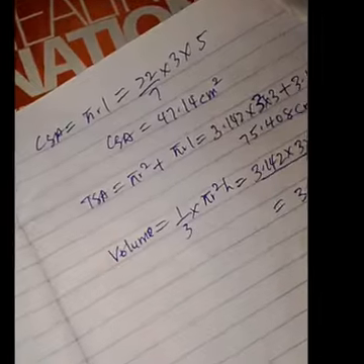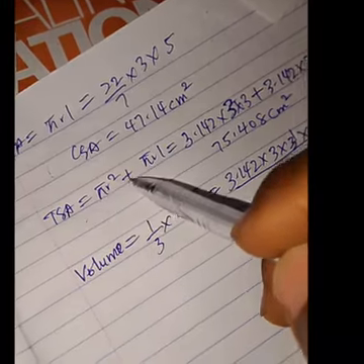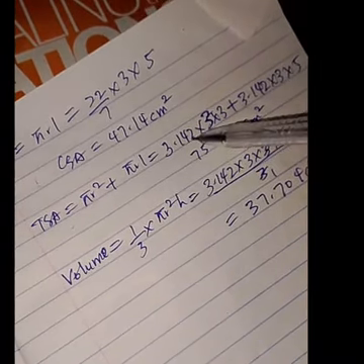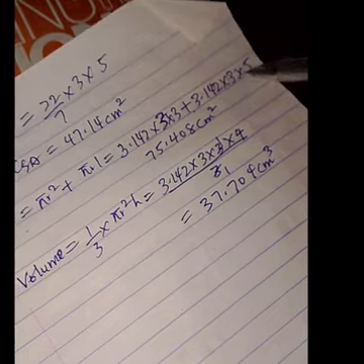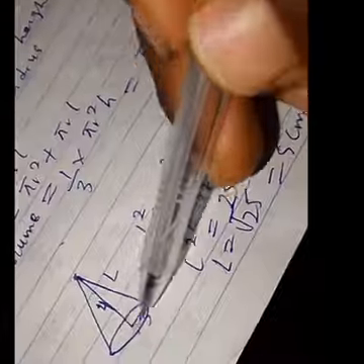So for example, they ask you, with this value of L now, calculate the CSA of the cone. The CSA is pi r L, right? So just come here and write 22/7 times the value of r here, which is 3. So the total surface area is pi r square plus pi r L: 3.142 times 3 times 3 plus 3.142 times 3 times 5, because r in this place is 3, r in this place is 3, and the height is 4.